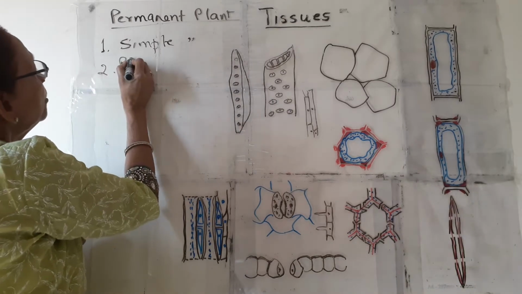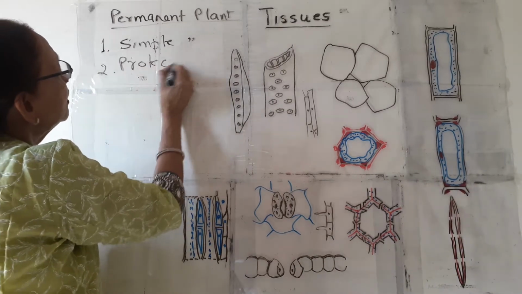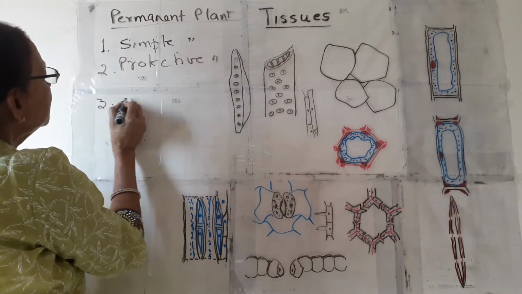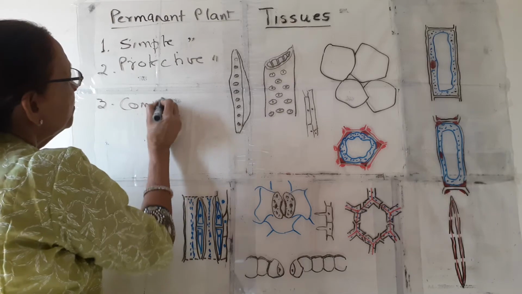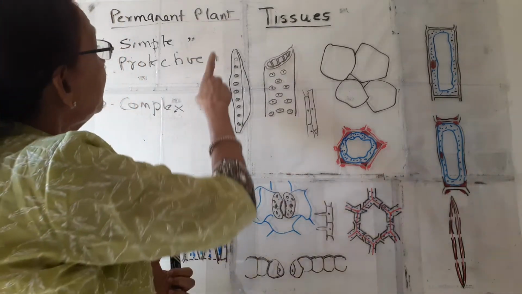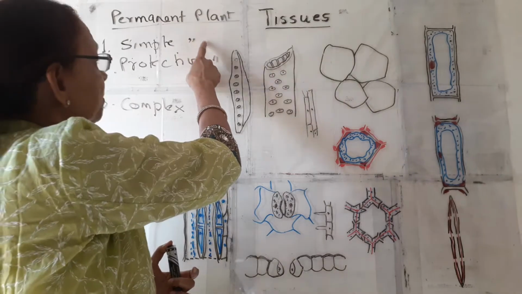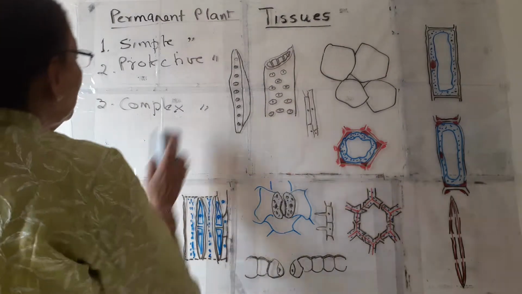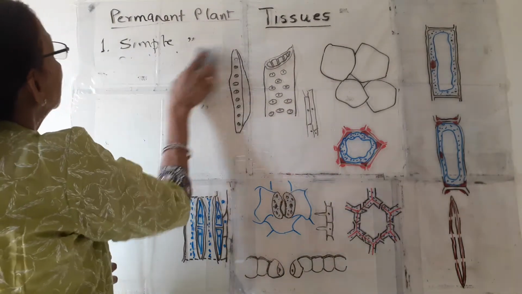Second is protective permanent tissue. And third is complex permanent tissue. So we will study three types of permanent tissue: simple, protective and complex. So first of all, we will study the simple one.